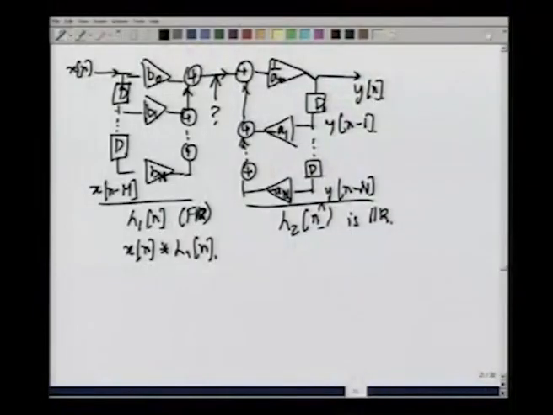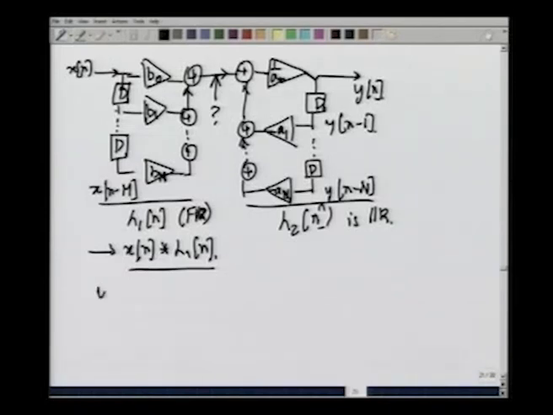Now, this is another block which is also linear time invariant, and this block is now processing this signal and producing yn. In short, I can express yn also as a convolution of h2n and the input to the second block.